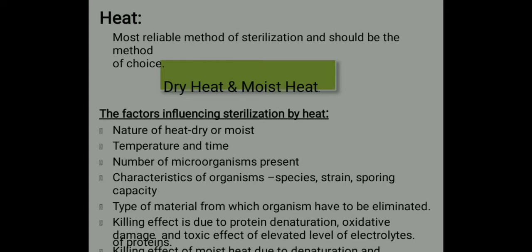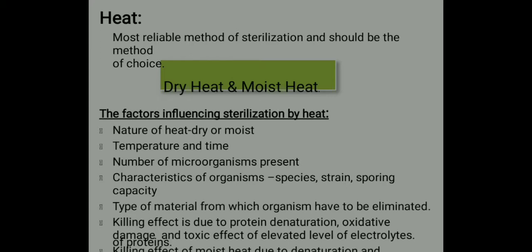Further we have two types of heat sterilization, that is dry heat and moist heat. First of all, let us discuss the factors influencing sterilization by heating. First we have the nature of heat, that is dry or moist. Second important factor is temperature and time, at what temperature we are heating and what is the duration.